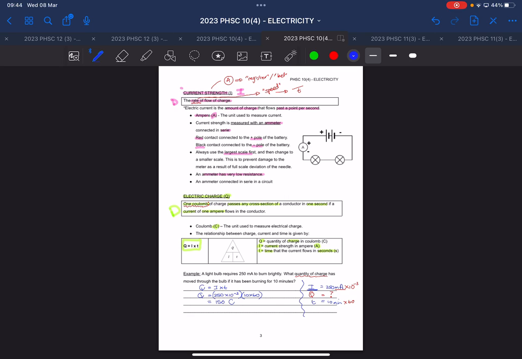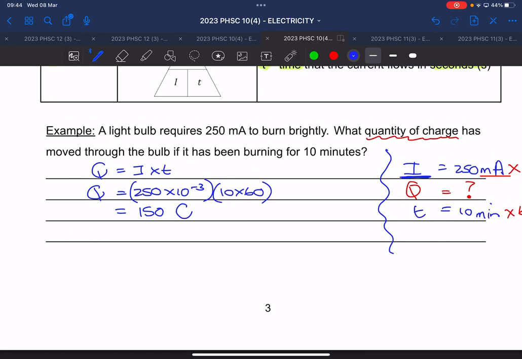So you have 1.5 times 10 to the power of 2. Same answer. Same thing.